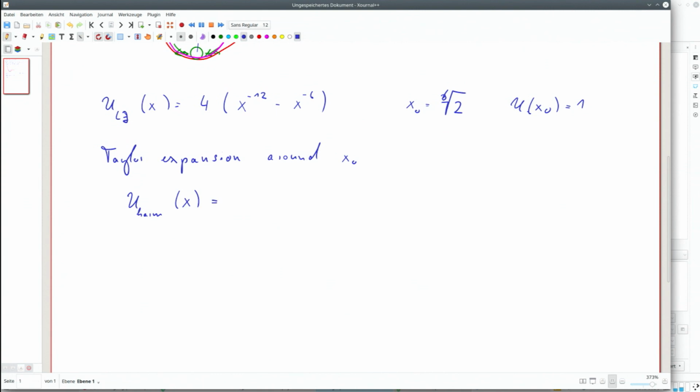So you take the potential you have at position x0. I write here LG, but it could be any other potential as well.